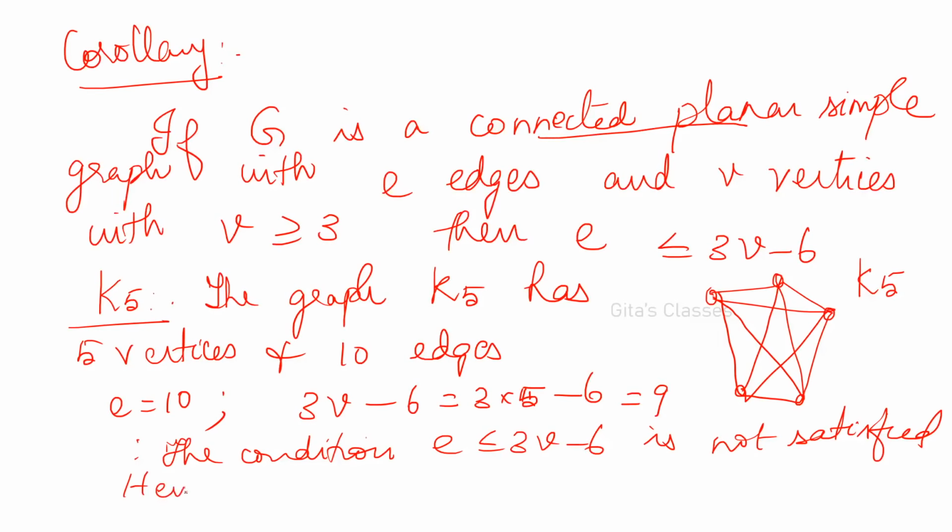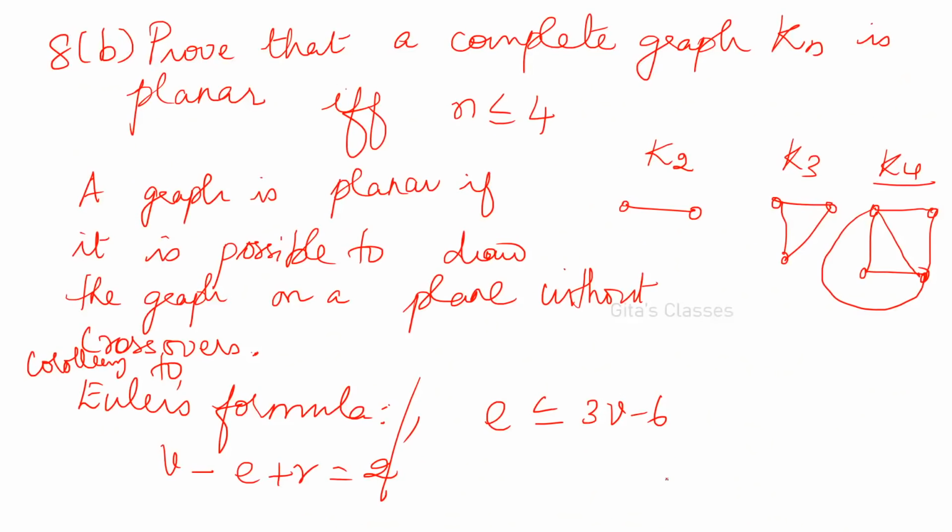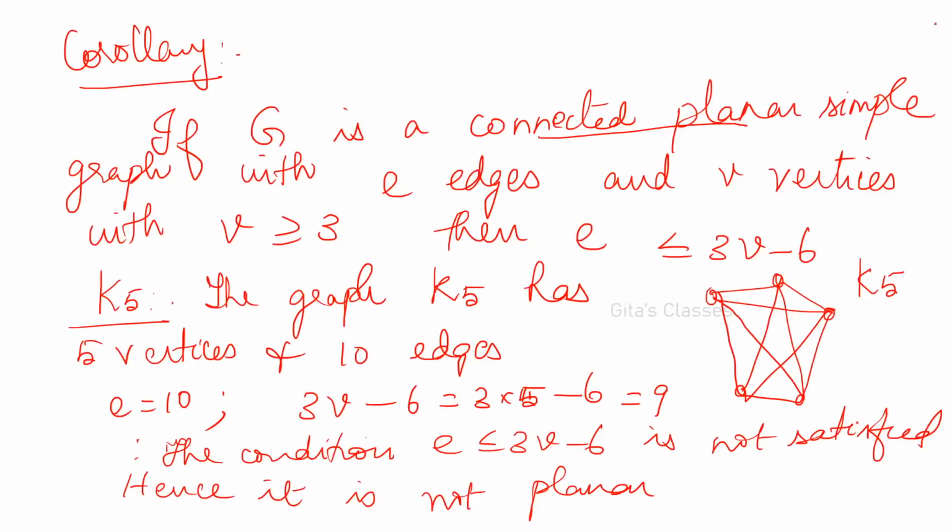Hence, it is not planar. This is for 8 marks. The first one is for 7 marks. Kn is planar only for n less than or equal to 4. So from 5 onwards it will not satisfy. With this it is over.